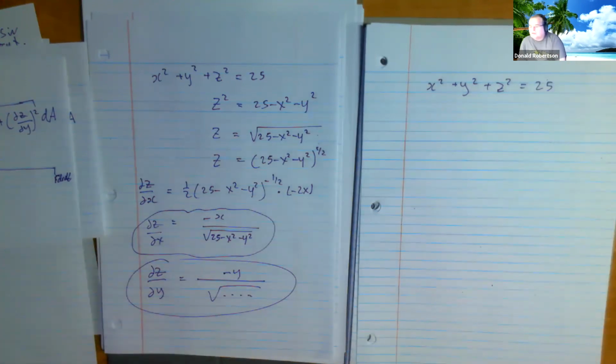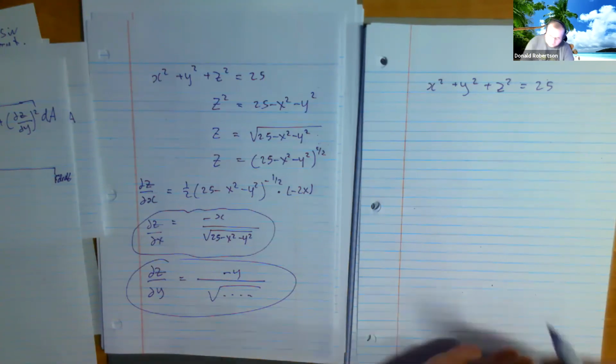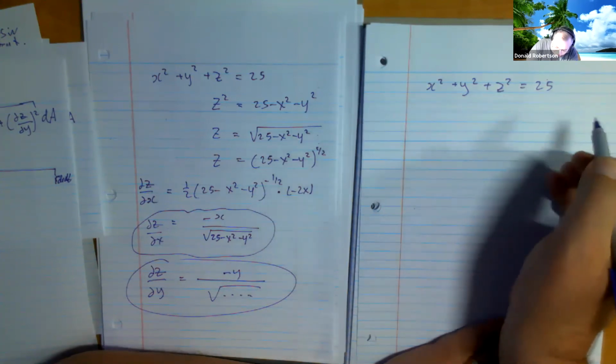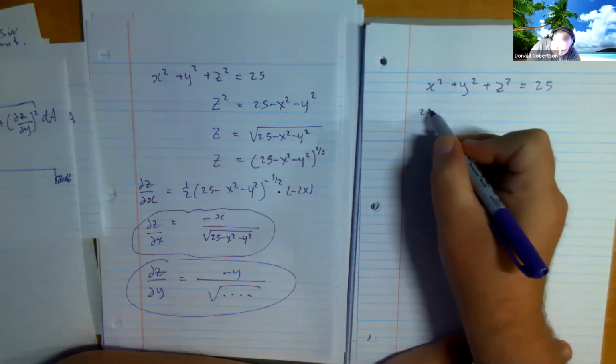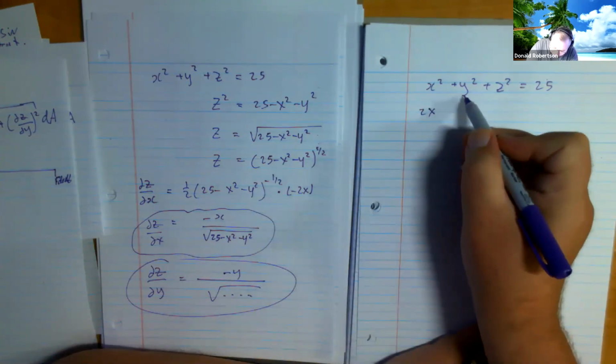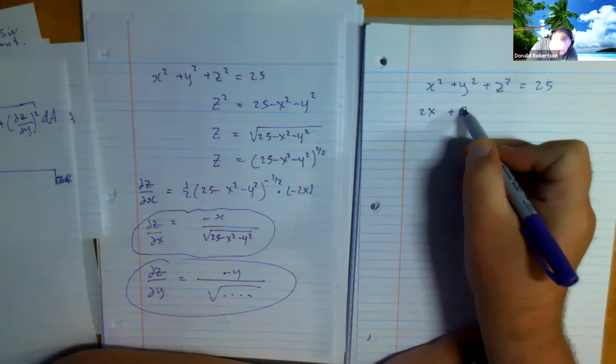I'm not going to touch that at all in the second method. I'm going to do a partial derivative with respect to x. Well, if you do this guy with respect to x here, you get 2x. If you do this guy with respect to x, you get nothing.